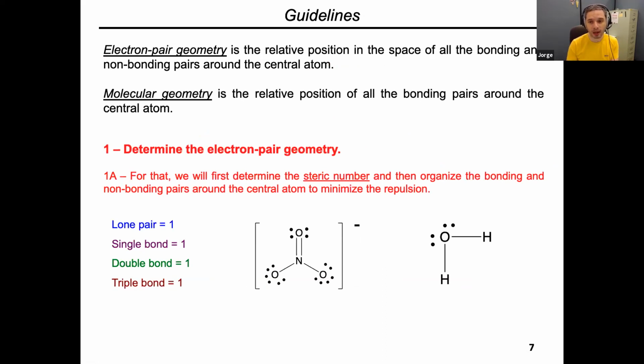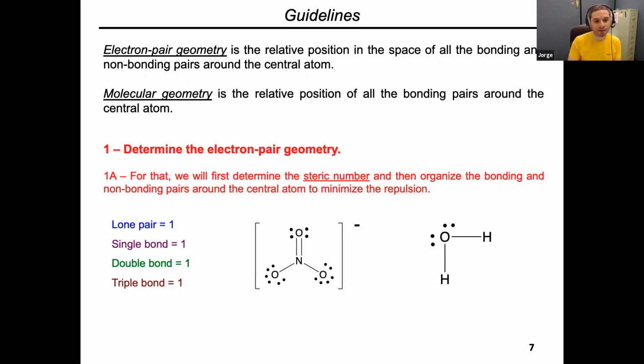Therefore, we will count the covalent bonds and also the lone pairs if they exist around the central atom. So electron pair geometry is the relative position in space of all the bonding and non-bonding pairs around the central atom. That will give us a first look at the geometry.